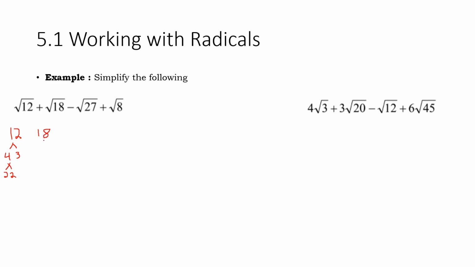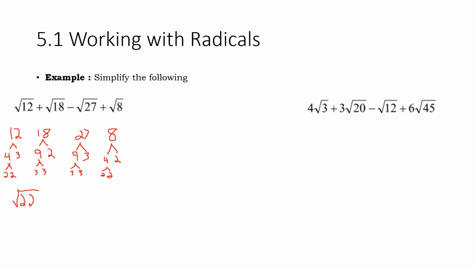So 18 can be split into 9 and 2, and then 3 and 3. 27 can be split into 9 and 3, and then 3 and 3. And then 8 can be split into 4 and 2, and 2 and 2. So let's rewrite all of our radicals to try and spot our perfect squares.